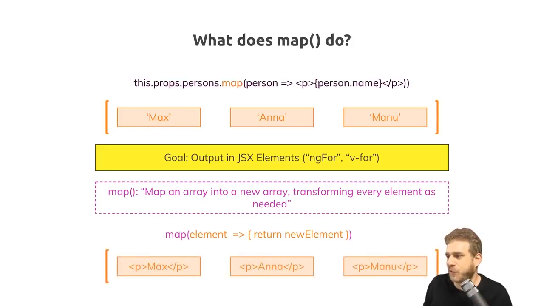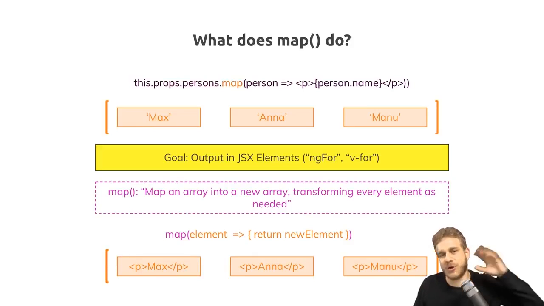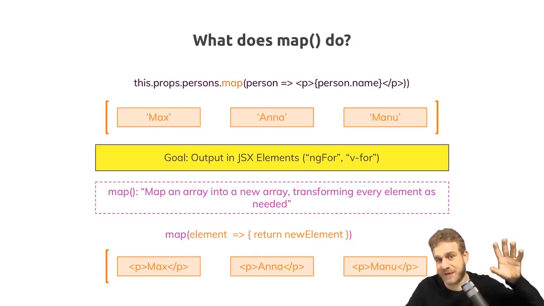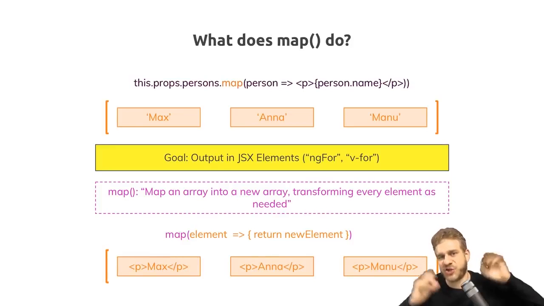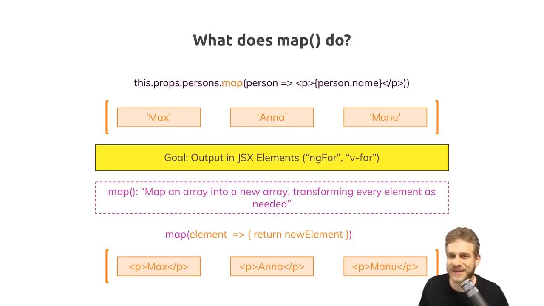So we can transform that array with the syntax you see at the very top of the slide to this array, where we now have an array of JSX elements incorporating the old data. And this is really the whole idea behind map. We map an old array of just strings, numbers, whatever it is, into a new array of JSX elements that can be rendered to the real DOM.